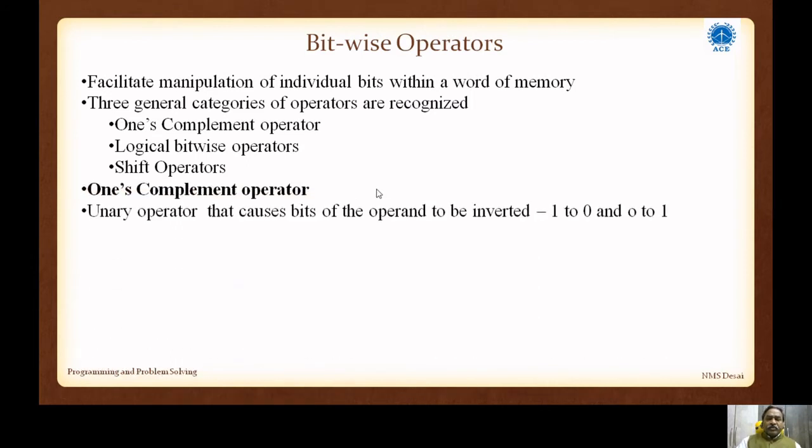Now, the one's complement. It is a unary operator, so it has highest precedence. Its symbol is tilde, and it causes bits of the operand to be inverted from 1 to 0, 0 to 1. If 1 is there, it will be converted to 0. If 0, it will be inverted to 1.